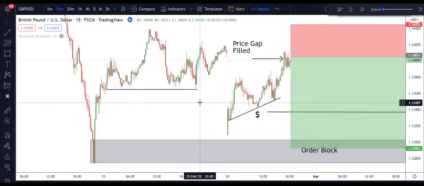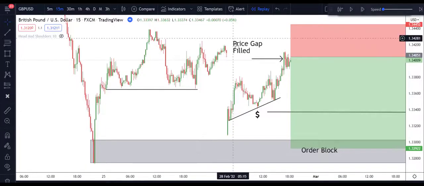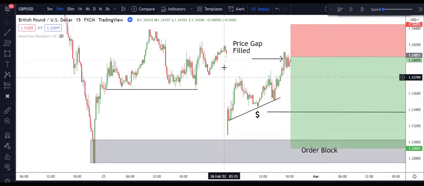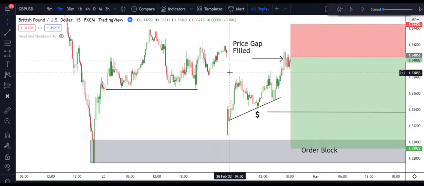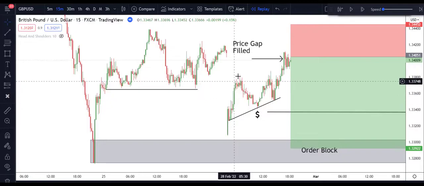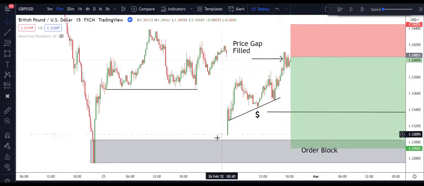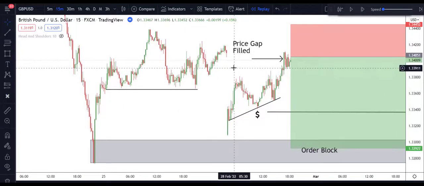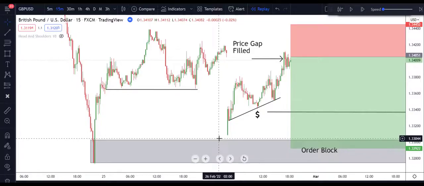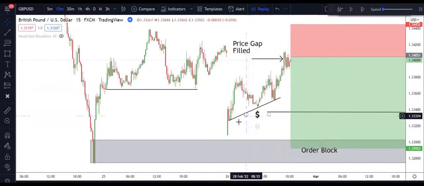Now when price creates this kind of a gap, price actually tries to fill up this gap immediately. So it gave a kind of correction, or it filled up this gap area immediately, as you can see. And while filling up this price gap area, price actually created a trend line right here.